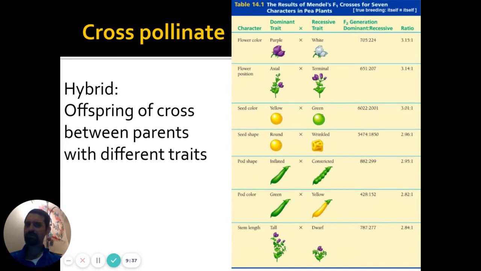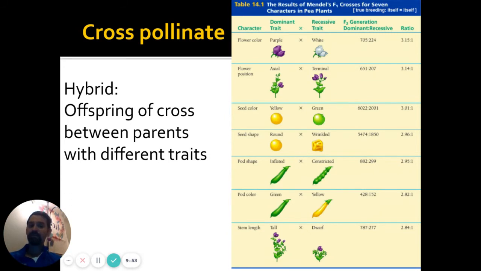It happened the same every single time. This really helped him realize that, hey, when I cross this purple and this white, the white doesn't go away. It's just hidden, and if it gets rearranged in a certain way, it reappears and I can see it again.